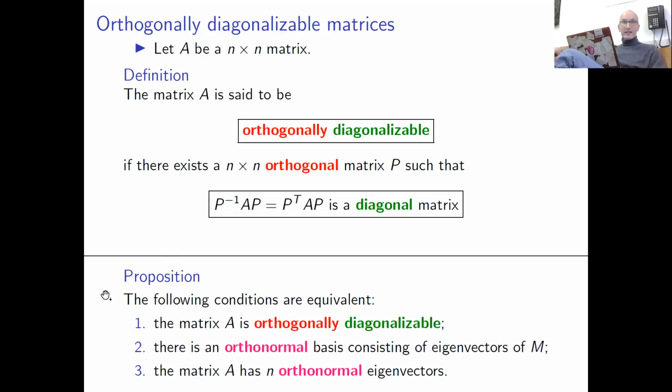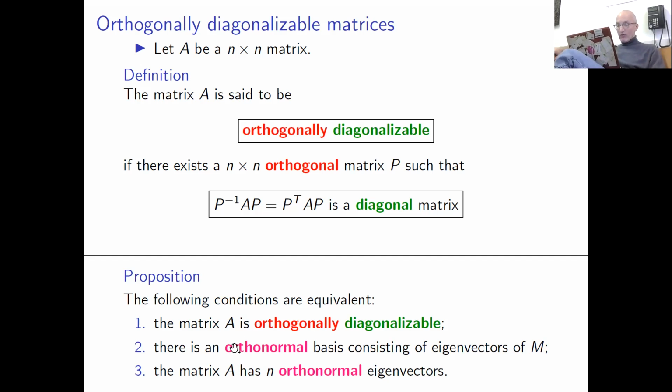This follows from the diagonalization criterion. The matrix is orthogonally diagonalizable; one can find an orthonormal basis consisting of eigenvectors of the matrix; and the matrix has n orthonormal eigenvectors. The equivalence of these three conditions follows from the diagonalization criterion we discussed last week.